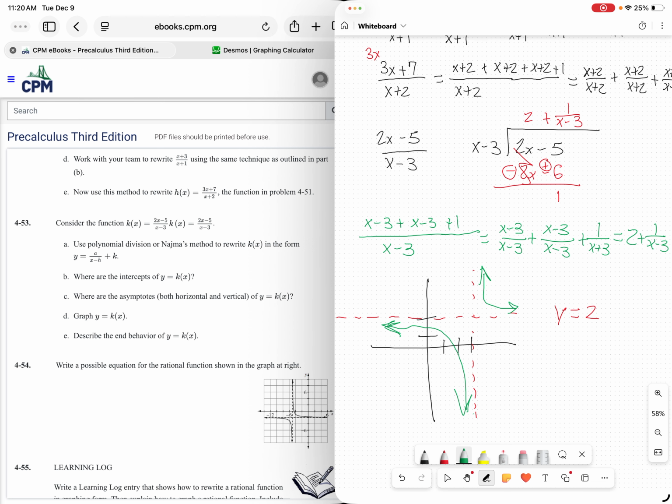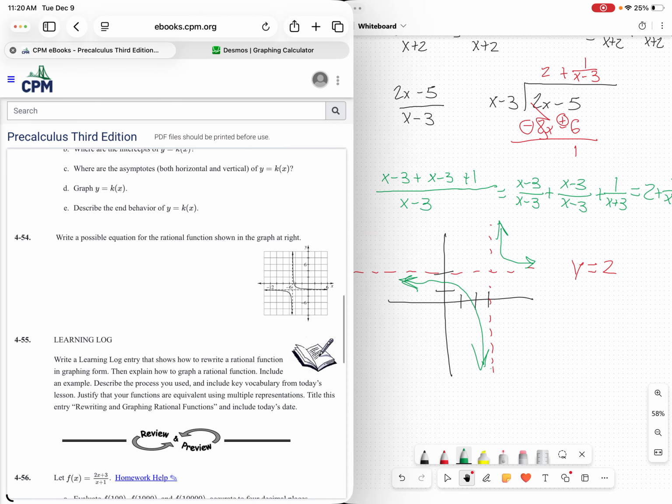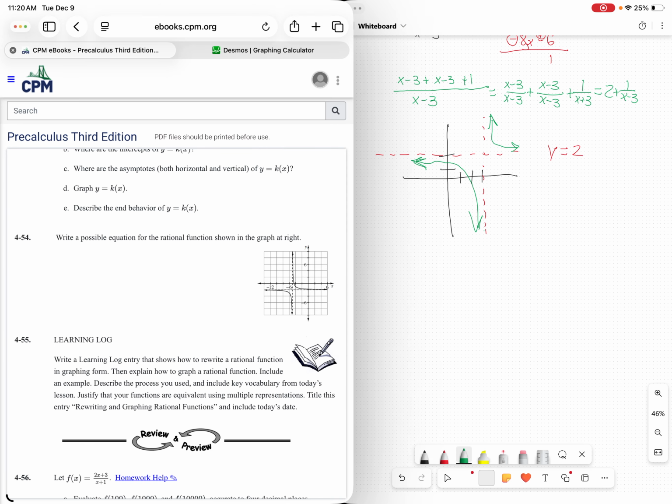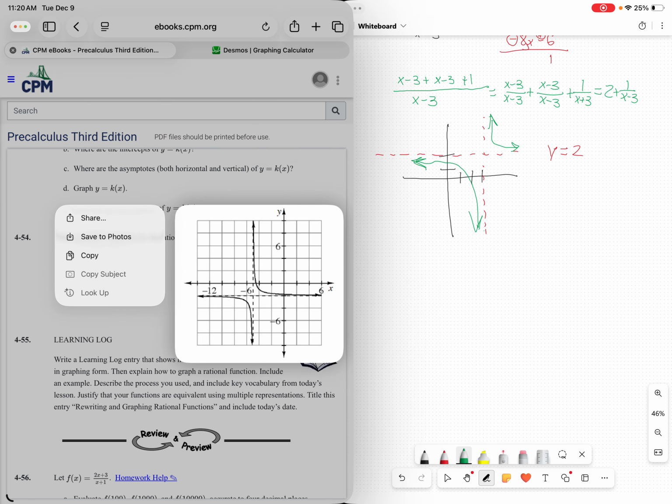And then number 54, the last one here, says write a possible function for the graph shown. If we look at this graph, where is that? Let's just say those are 2, 4, 6. So let's say that's at 5, and then the horizontal is at 2.